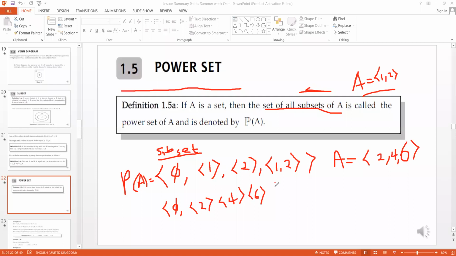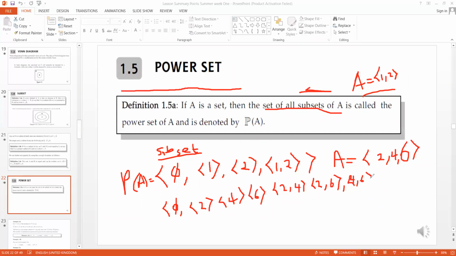The next one will be 2 and 4. The next one will be 2 and 6. The next one will be 4 and 6.